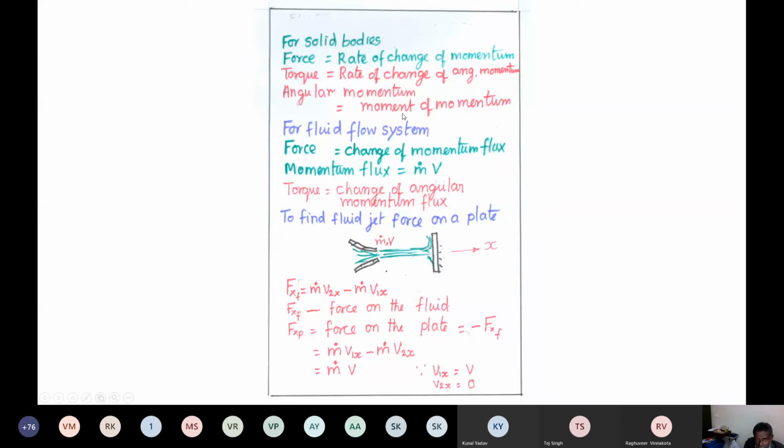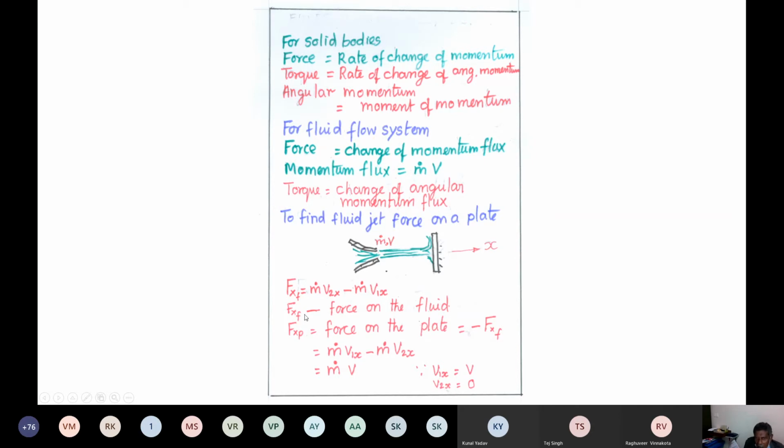Now, using this idea, let us try to find out the fluid jet force on a plate. So you have a jet with a mass flow rate m dot and a velocity v. It is hitting normally on a plate, and the direction indicated is x. We have to estimate the force acting on the plate.